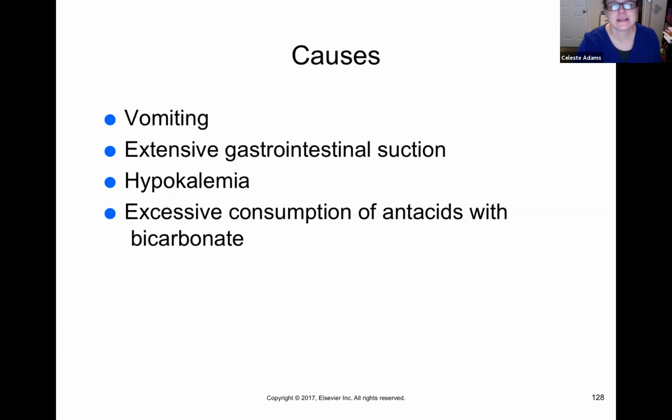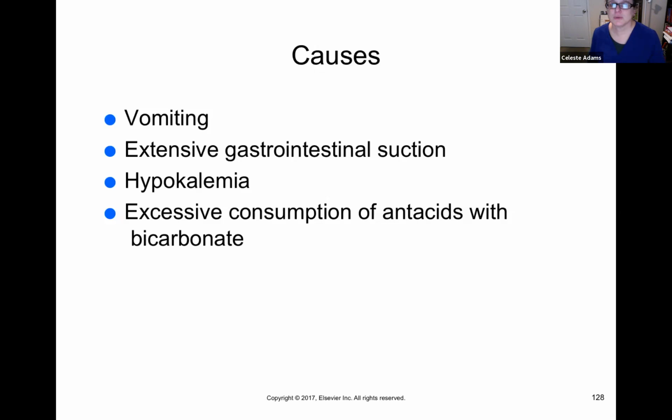So it depends, again, on what your bicarb is showing you in GI suction. Is your bicarb low or is your bicarb high? That will tell you whether it's acidosis or alkalosis.